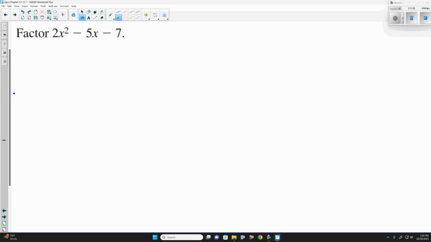Always start with the greatest common factor. Is there a greatest common factor? So we move on to step 2, our 2 sets of parentheses with 3 spaces.